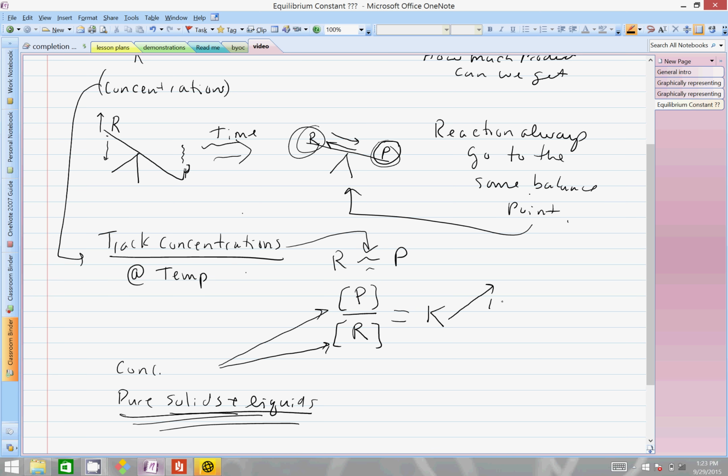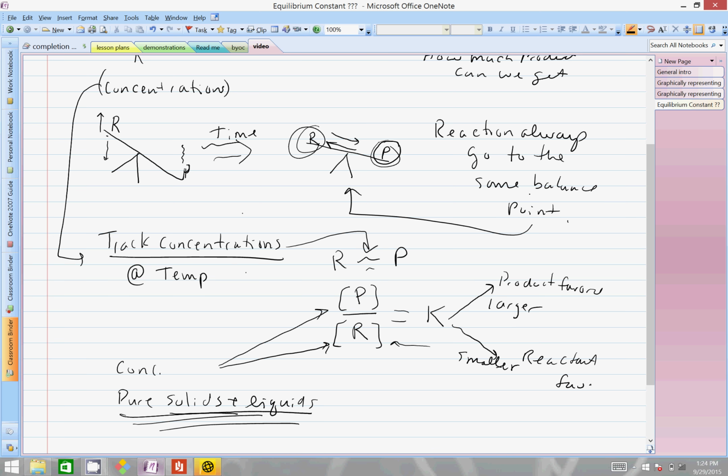Larger Ks mean more product, so we call them product favored. A smaller K is one where we mostly have denominator and not so much product. We'll likely have some, but not much. In this case, we call it reactant favored.